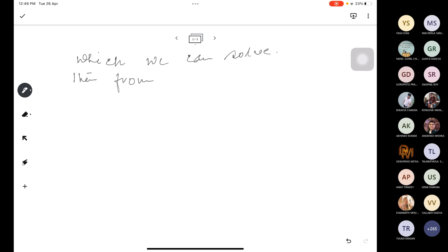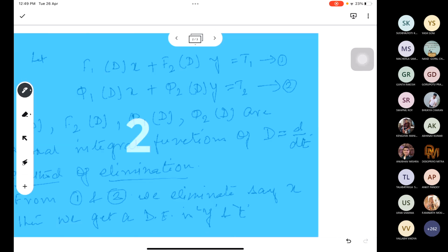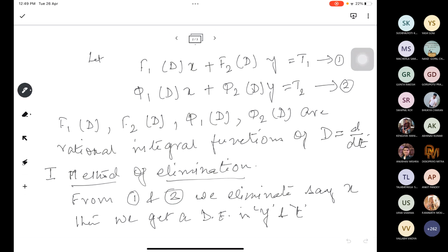Ma'am, can you please show the previous slide for a second? Yes, then from any one of the equations we get x. Okay, ma'am. We are discussing the method of elimination. So we eliminate any one variable, say x, from 1 and 2.